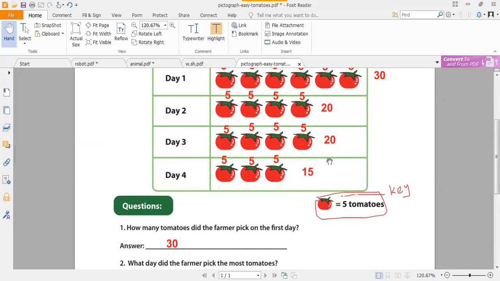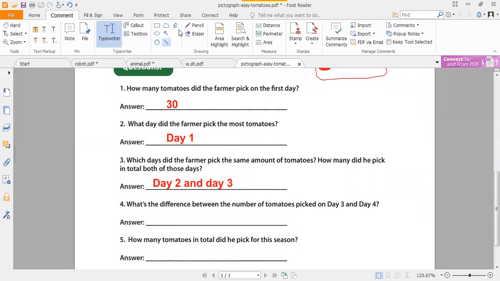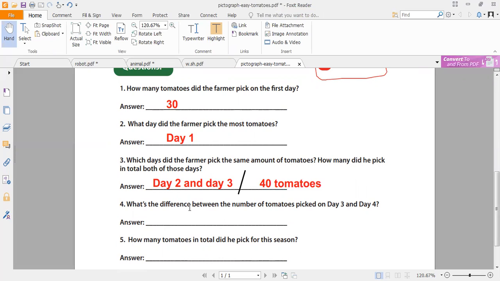The total number means I want to know how many tomatoes altogether in these 2 days. 20 plus 20. Okay, we'll draw a slash like this to answer the second question. How many did he pick in total both of those 2 days? He picked 40 tomatoes.